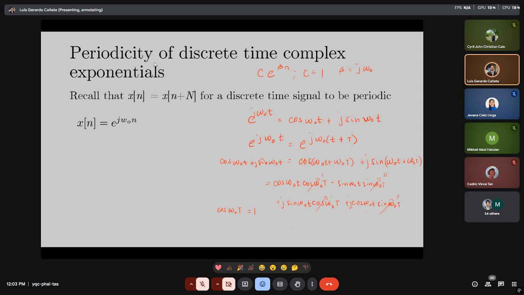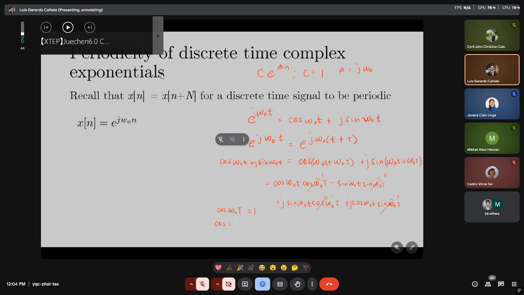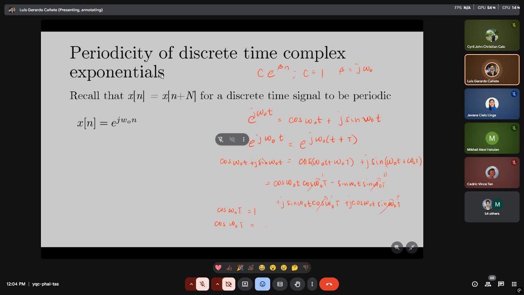So this means, therefore, that this can only hold true if this equation were equal to 1. Now, the only way that this equation can be equal to 1 is if, when can this be only equal to 1 for any value of tau right here, right?